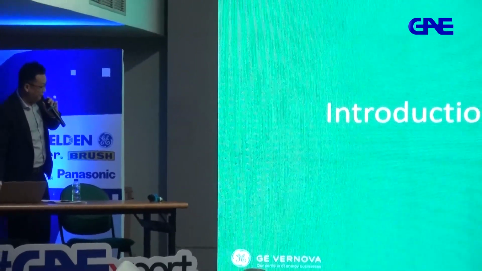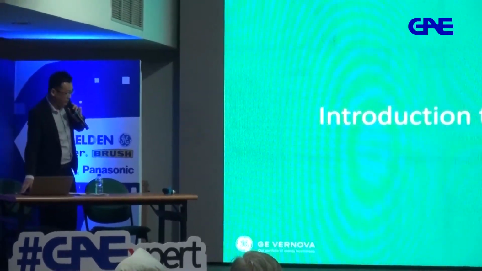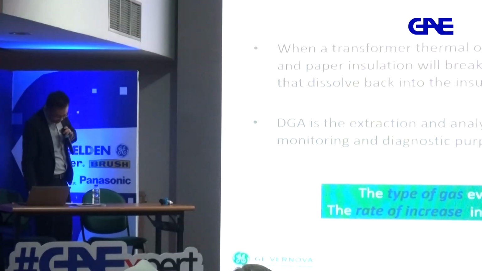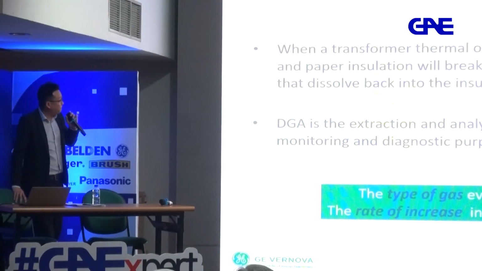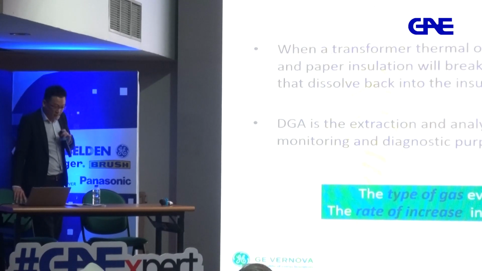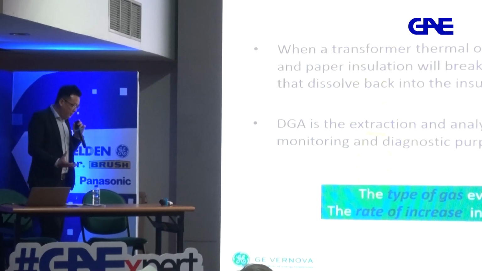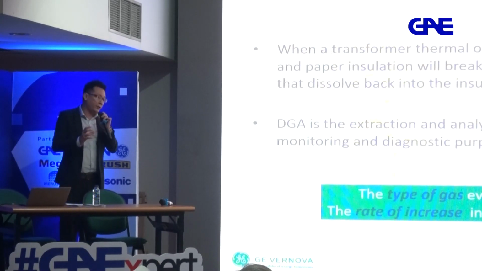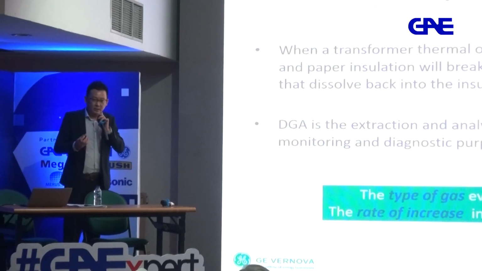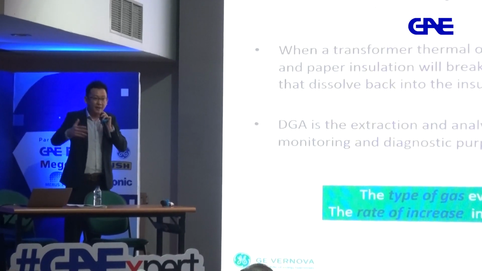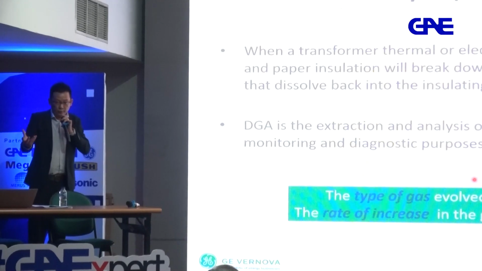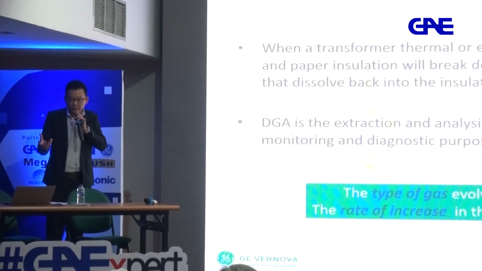So, next topic, we'll talk about the introduction to dissolved gas analysis. DGA, dissolved gas analysis. When electrical energy is transformed from one voltage to another, what will be produced? Heat will be produced.